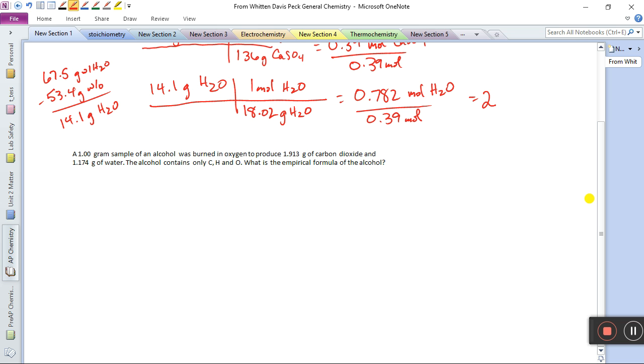From our alcohol, it all has to go to what? Carbon dioxide. And all of our H has to go to water. So the carbon dioxide is how we calculate our moles of carbon. The water is how we calculate our moles of hydrogen. The oxygen we'll deal with in a second. Alright. So we're still going to get to grams. Still going to get to moles. It's just going to be slightly different moles.